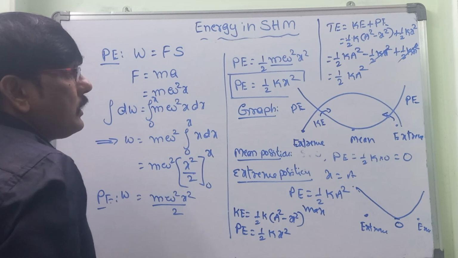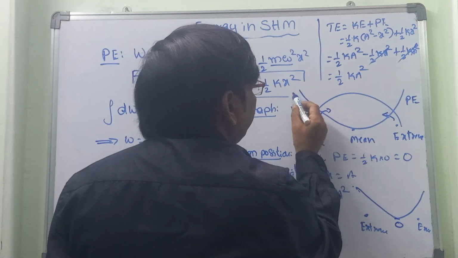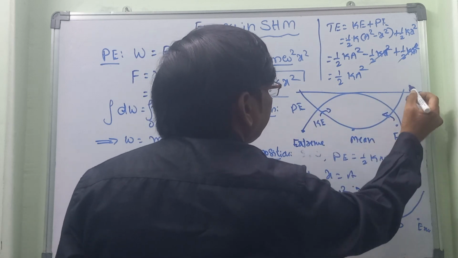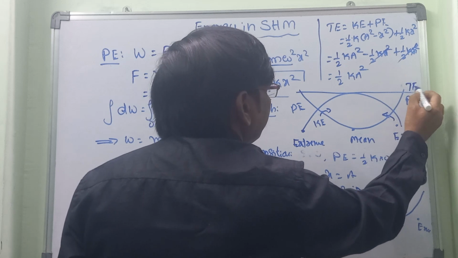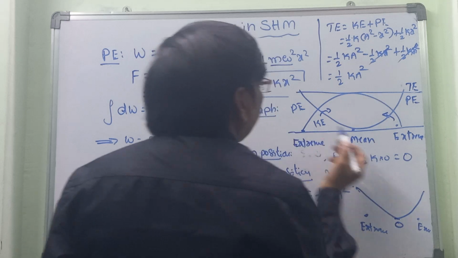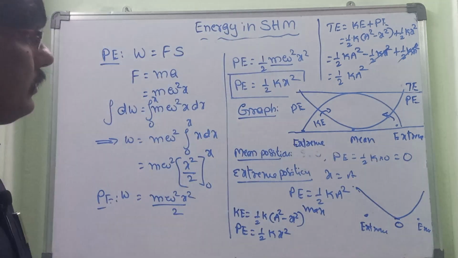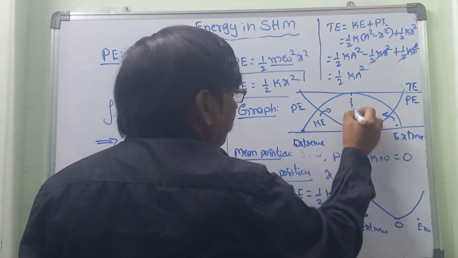So this graph we can consider, and apart from this, the total energy will be here, the total energy that we can consider here. So here is the graph for potential energy as well as kinetic energy. Again, this is the mean position.